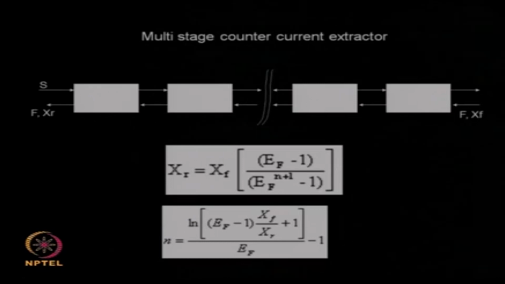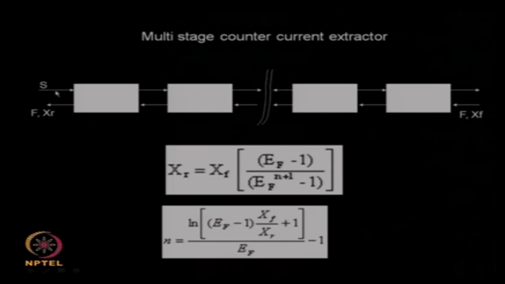Okay. Let us try to derive some equations for a counter current multi-stage process. Imagine you have n stages, your feed is entering from this end at a solute concentration of Xf, and after n stages of extraction the raffinate contains concentration XR.